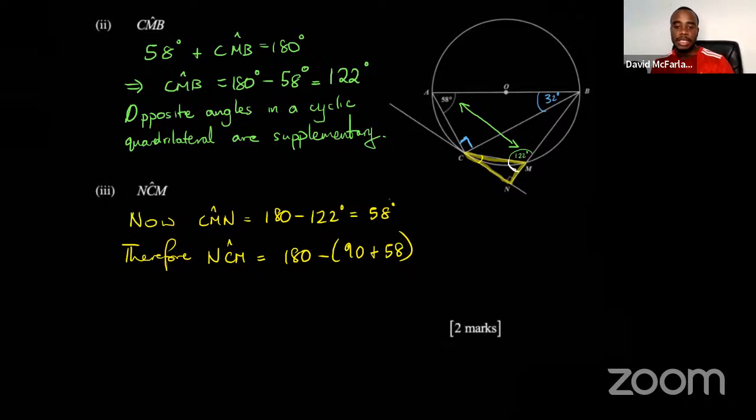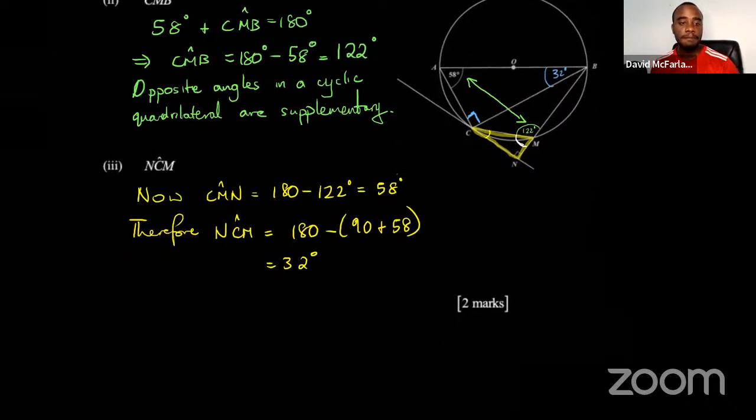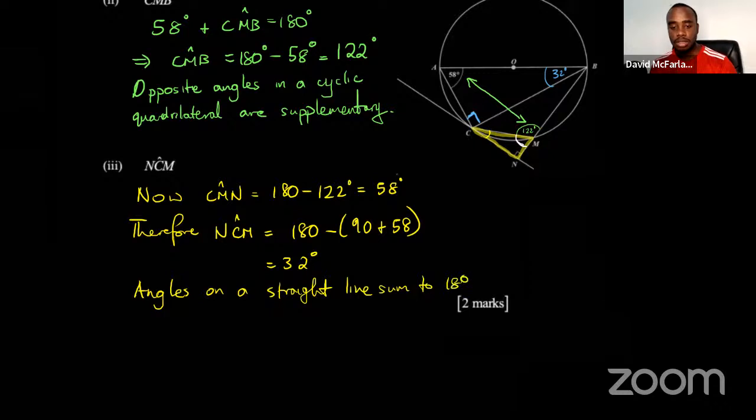Well, we know that that's 148. So that's 180 minus 148, and that is 32 degrees. So NCM is equal to 32 degrees. And what helped us? Angles on a straight line sum to 180 degrees. So that's one thing that helped us to solve it.